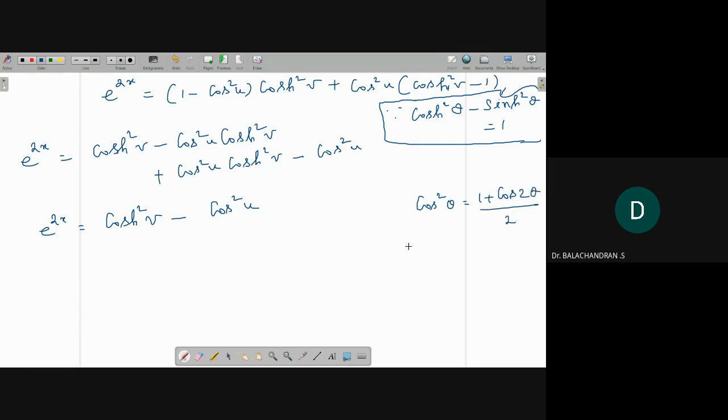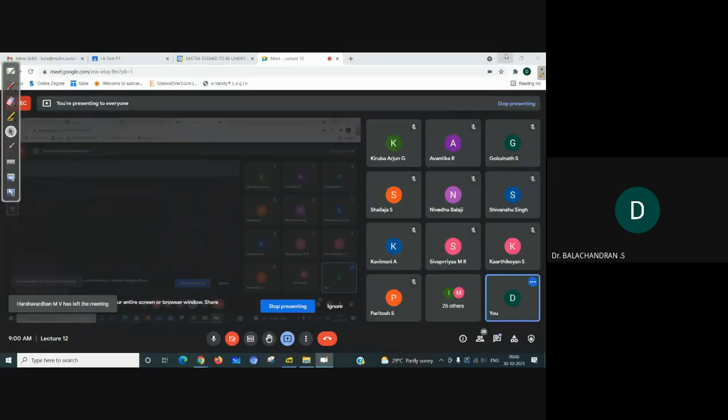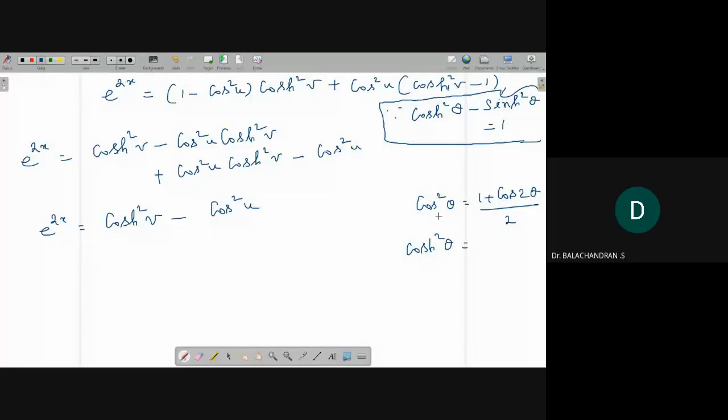Similarly, I need cos h square theta. What is cos h square theta? 1 plus cos h 2 theta by 2. Correct.